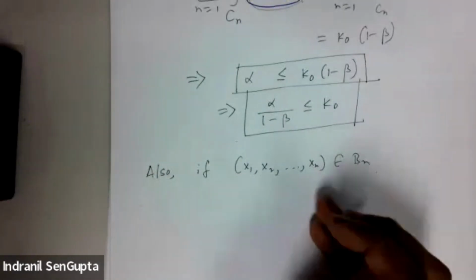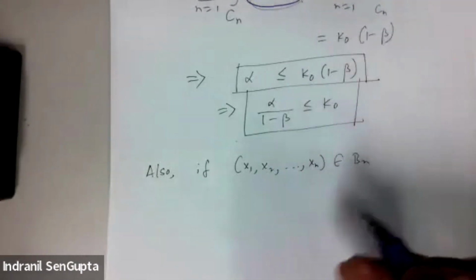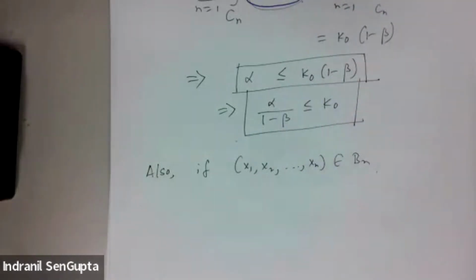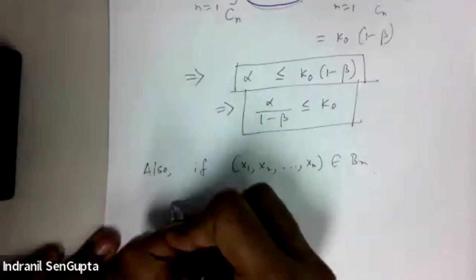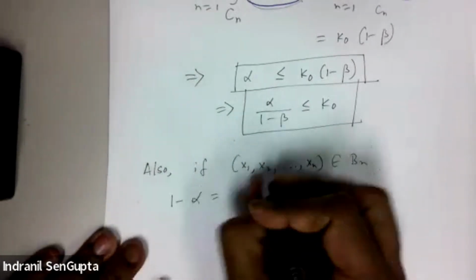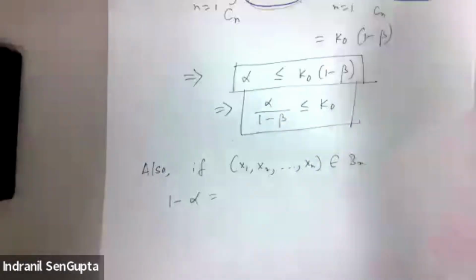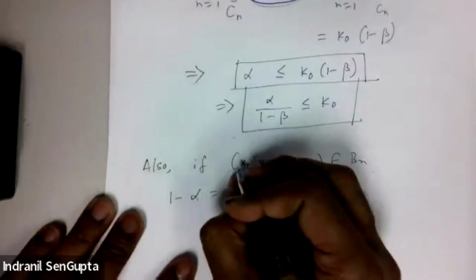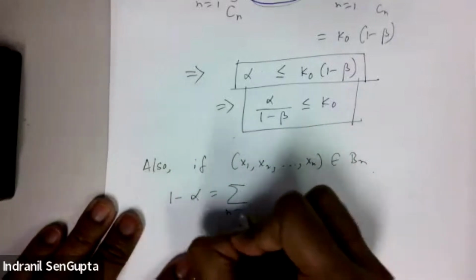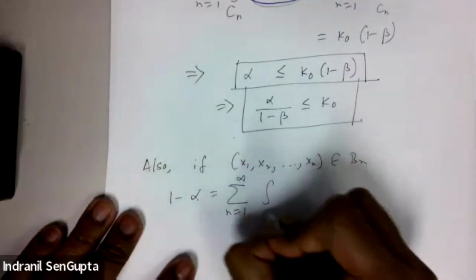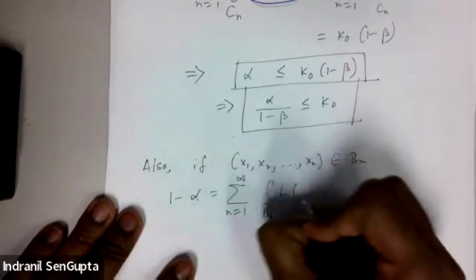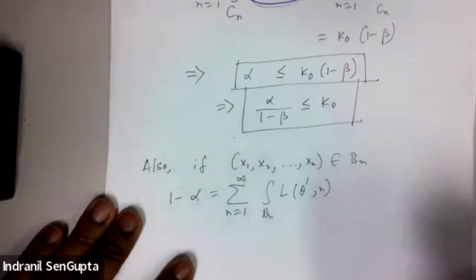So that means if this Cn is true, then we did this analysis. But if this Bn is true, so for every point in Bn, we must have 1 minus alpha, which is equal to, we wrote it before, 1 minus alpha. I'm writing this expression. So it's going to be summation n from 1 to infinity, integral over Bn of L of theta prime n.